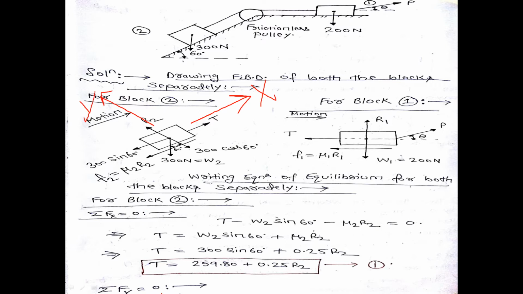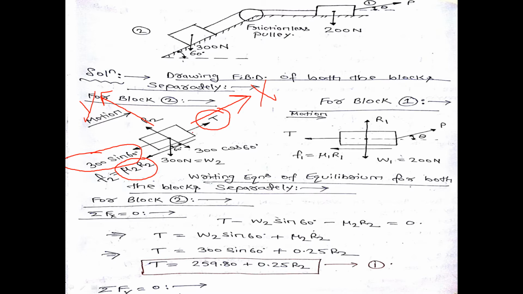If I write summation Fx equal to 0, I can write plus T minus 300 sin 60 minus mu 2 R2 equal to 0, or T is equal to W2 sin 60 plus mu 2 R2.